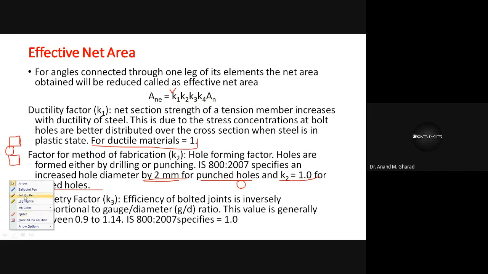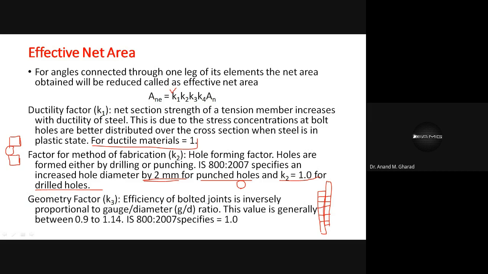The thing is, if this is the connection, let's say these are 2 plates like this, and they are connected with the help of bolts in this manner. Okay.